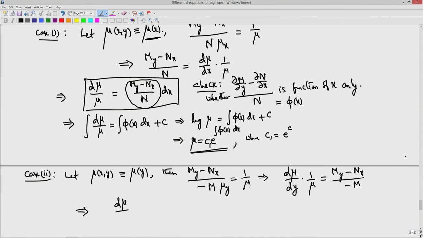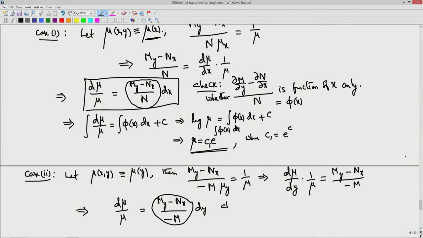If I separate the variables, d mu by mu equal to (M y minus N x) divided by minus M into dy. So, when can I solve this, when can I integrate this equation? If this function is only a function of y, then I can integrate both sides.